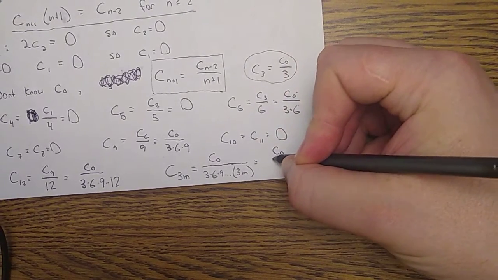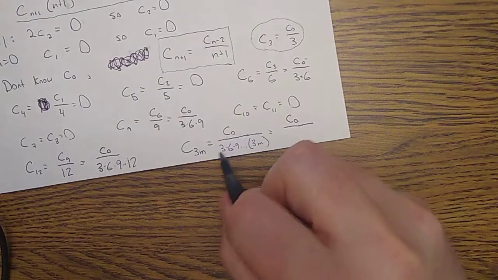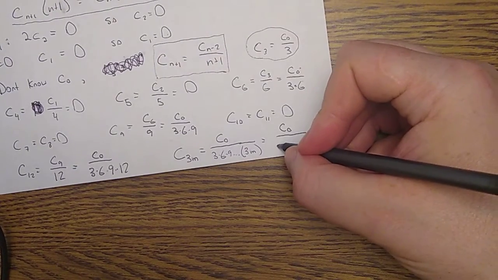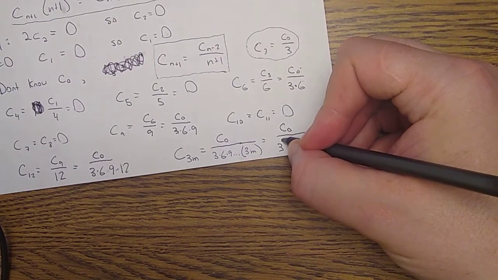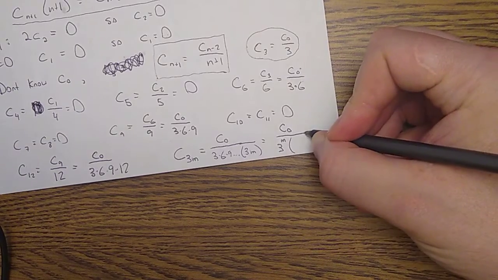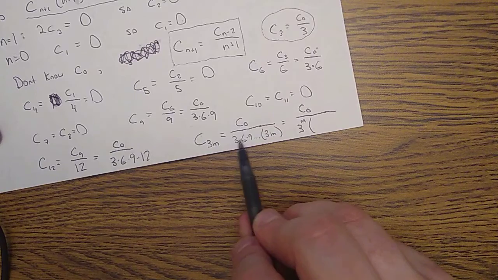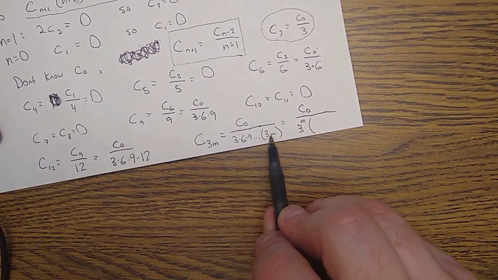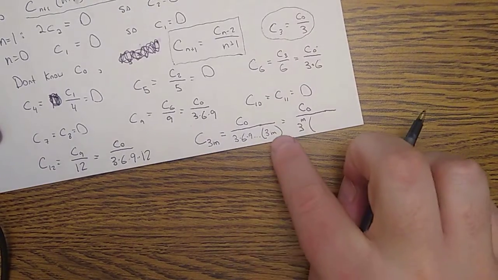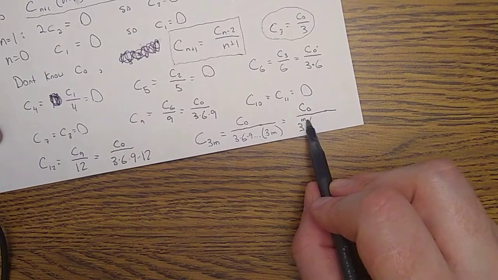And we can simplify that. That's C0 over, if I pull out a big power of 3, because I can pull 3 out of each one, and there are m things. If I pull a 3 out of each one, I would have 3 to the m.